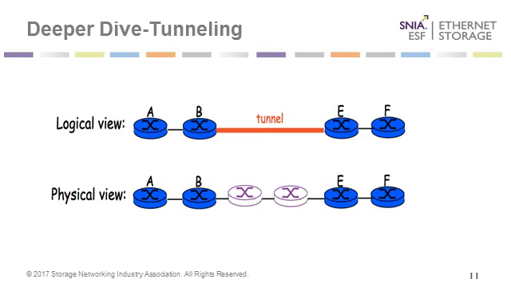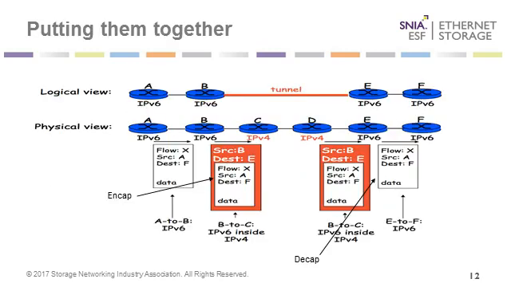So let's get a little bit deeper into that. Let's give you an example. Putting them all together and how they complement each other, in this scenario, the logical view we just showed, we have A, which has IP version 6 endpoints on it and wants to send something to F, the same scenario we just talked about. In between B and E, where we have our tunnel, we only have a network that supports IP version 4.